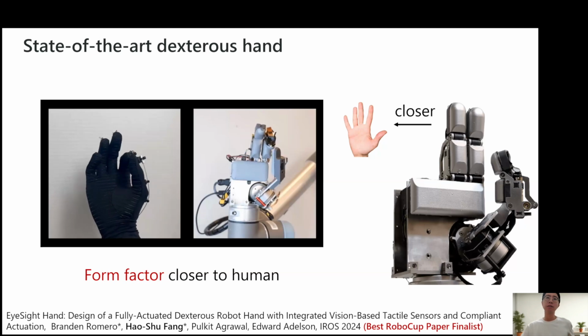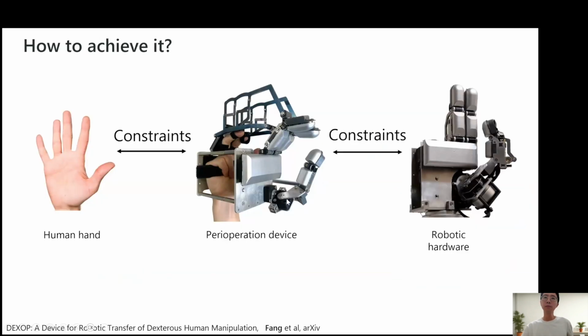But teleoperation is not what we want, right? Our goal is to build a peri-operation device. And after we have Eyesight Hand that's pretty close to a human's hand, such a peri-operation device becomes easier to build. We just need to bridge the human hand and the robot hand.